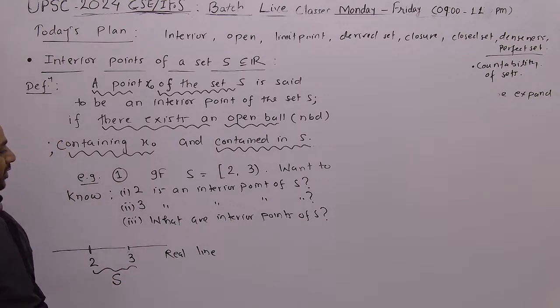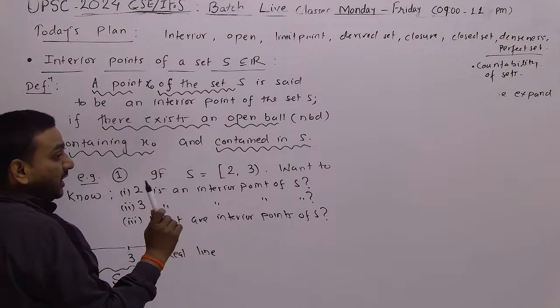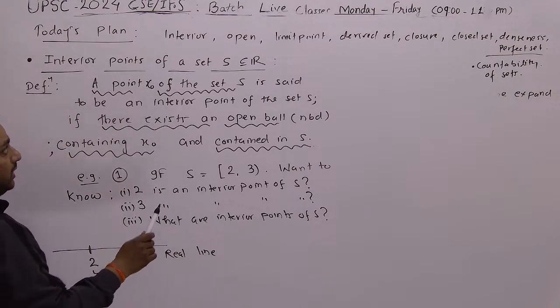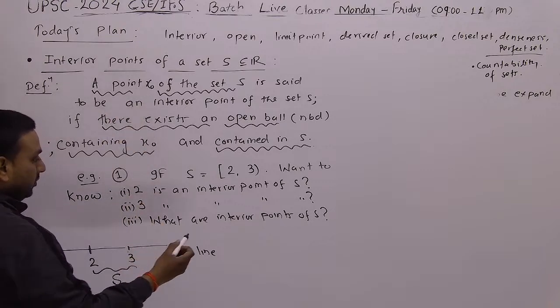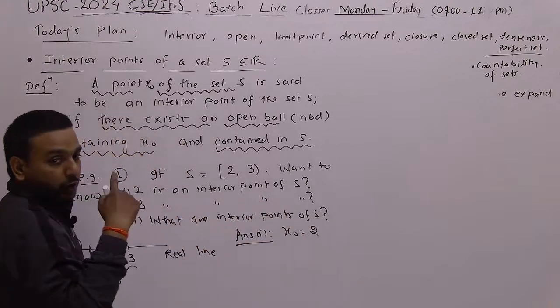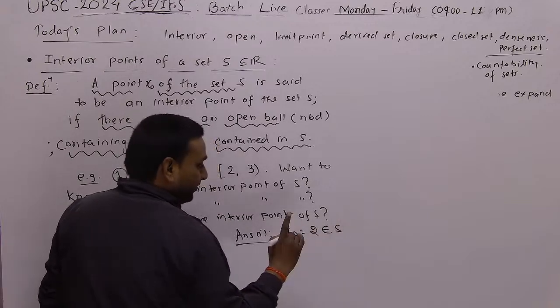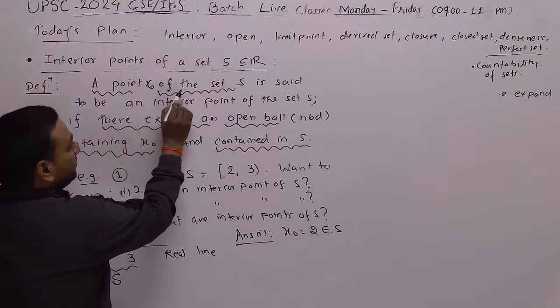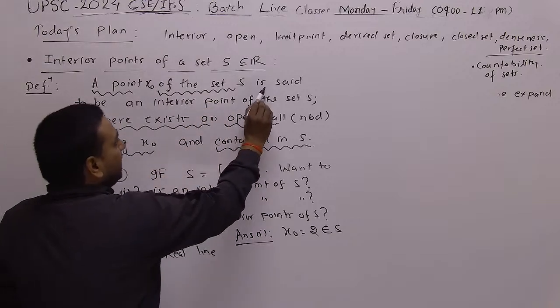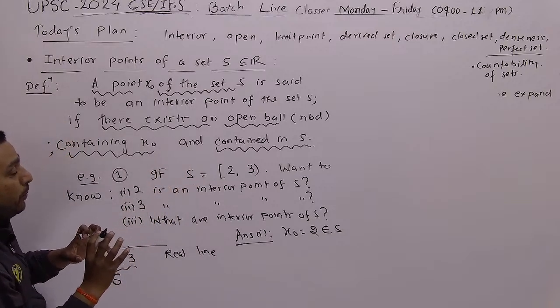The first question they had asked: 2 is an interior point of S or not. So x naught is 2. Is 2 inside S? Yes. So a point x naught of the set S is said to be an interior point of that set if there exists an open ball.